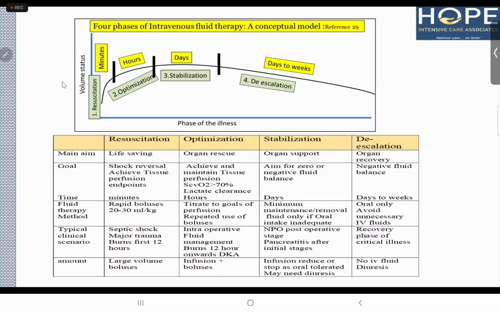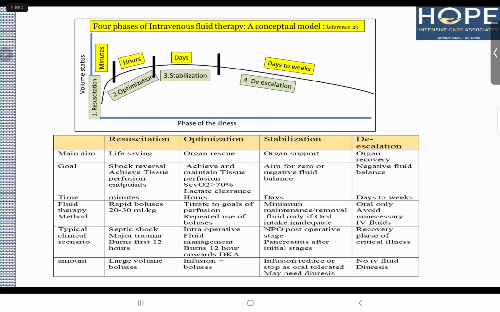There are 4 stages of fluid management in shock, where we all keep on focusing on the resuscitation phase and neglect the de-escalation phase, where the patient is congested, and this congestion has a direct correlation with adverse outcome in intensive care. So de-escalation or de-resuscitation or timely diuresis is the key.